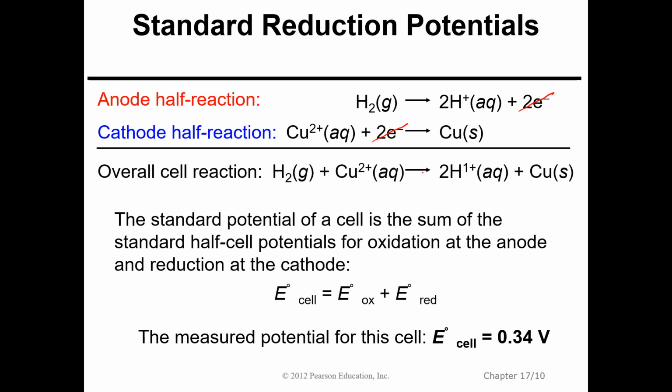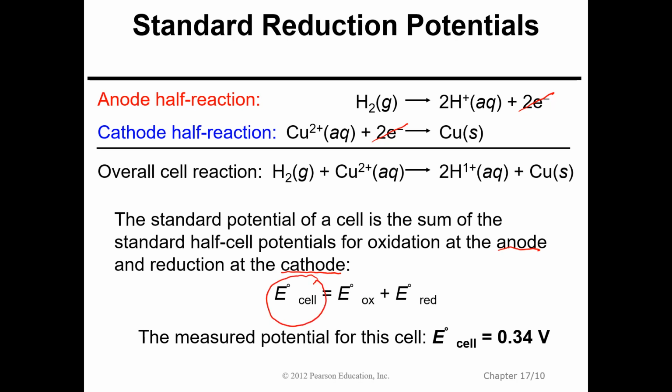The standard potential of a cell is the sum of the half cell potentials. So we have to take into account the cell potential for the anode and the cell potential for the cathode. If we add those together, we get the cell potential for the overall cell.